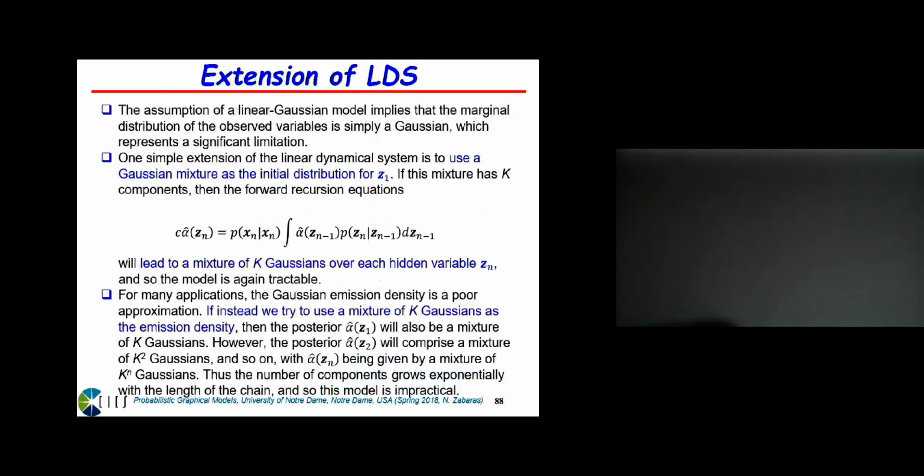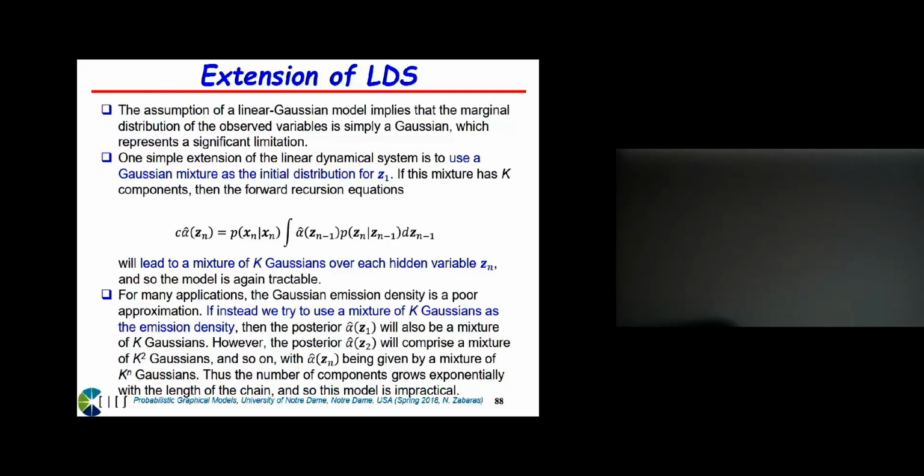All right. Let me say the following thing, right? If you try to play with this message passing, and there are references, I don't have them here, but if you search, you will find ways of doing this. But let's say that somehow you're not happy with messages that are Gaussians, right?